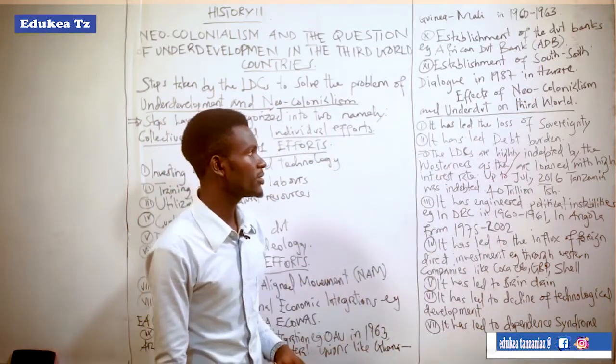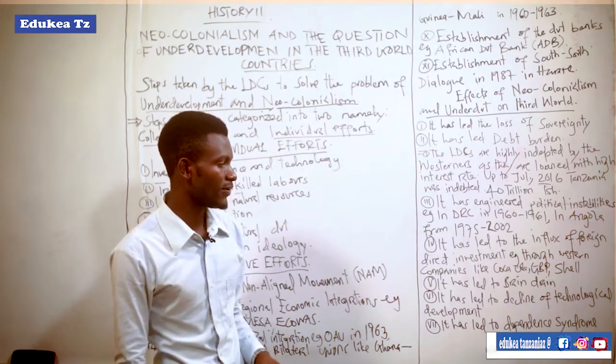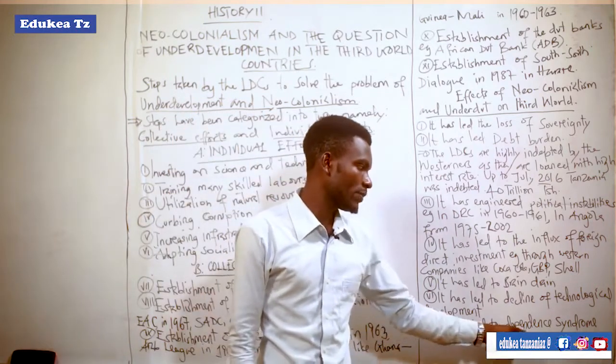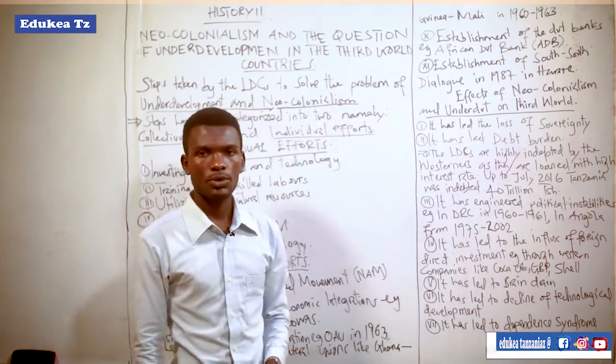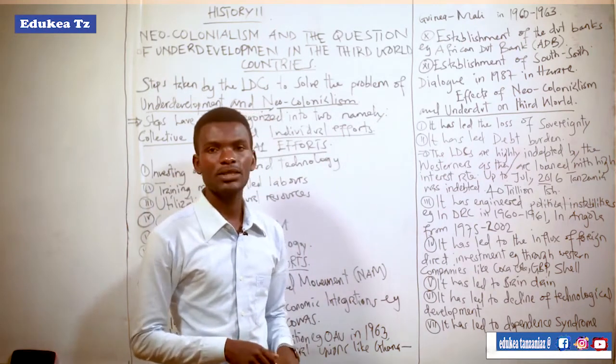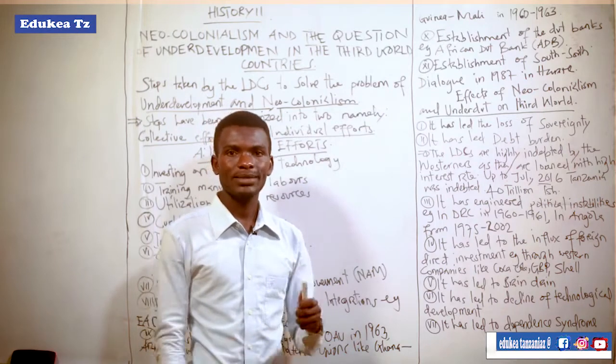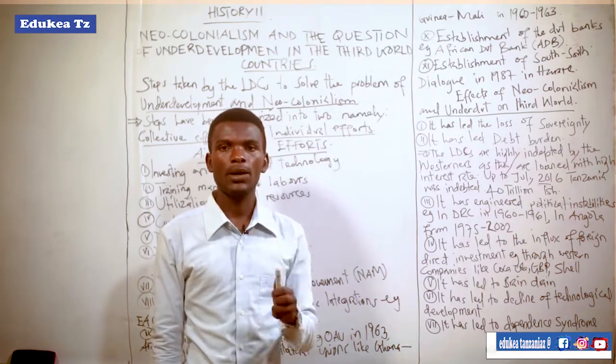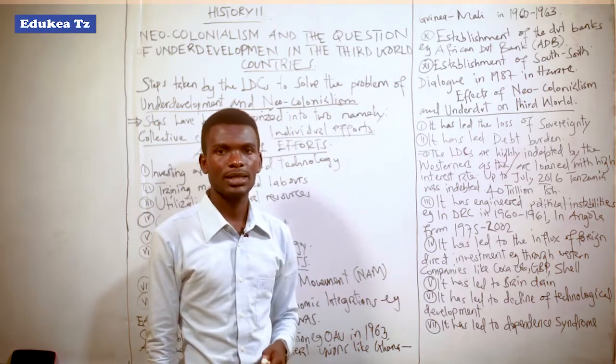And the last effect of neocolonialism and underdevelopment is that it has led to dependence syndrome. It means many third world countries are depending on the Western or imperialistic powers so that they can get assistance.